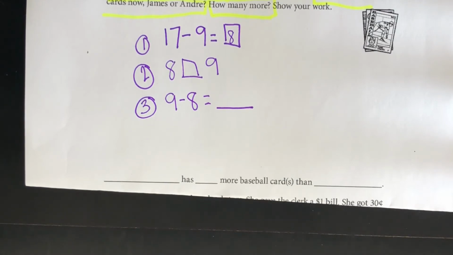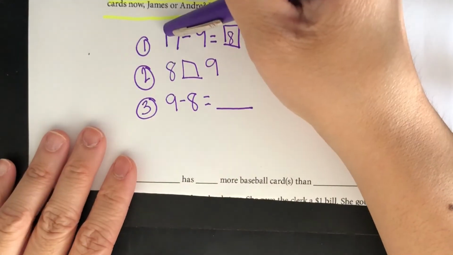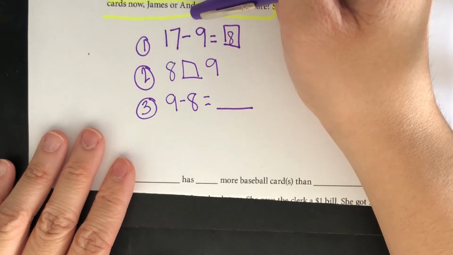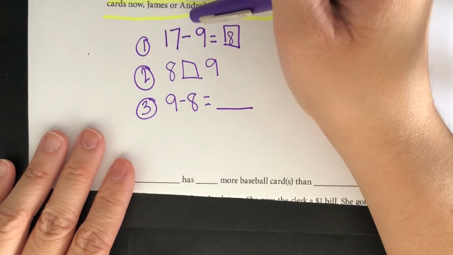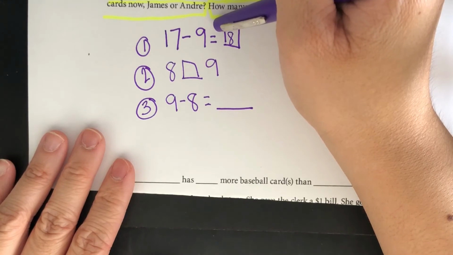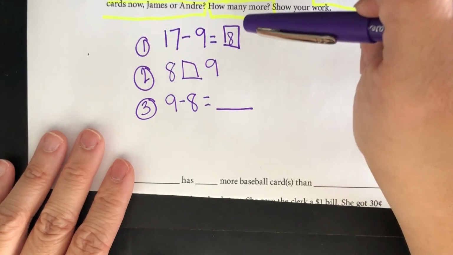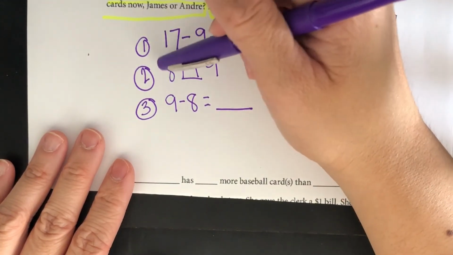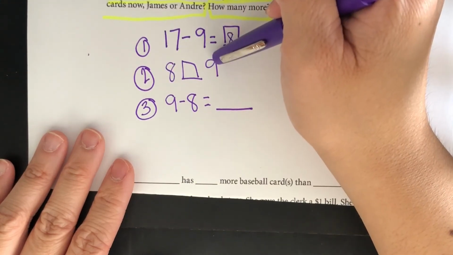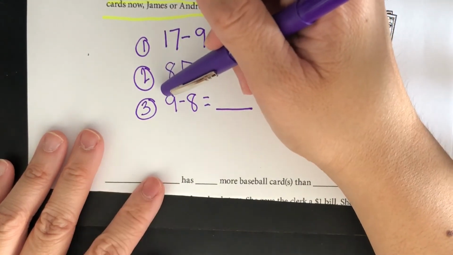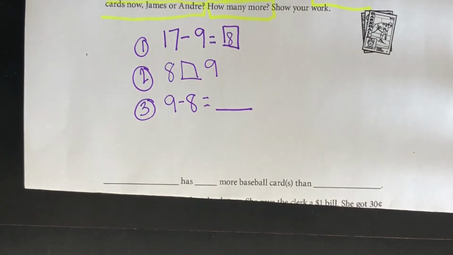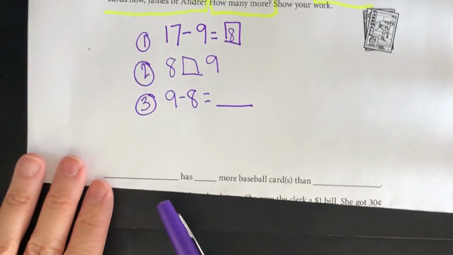First thing you need to do is find out how many cards Andre has. And then you have to find out which number is greater, 8 or 9. And then you have to solve 9 take away 8 equals what? And then you write your answer below here.